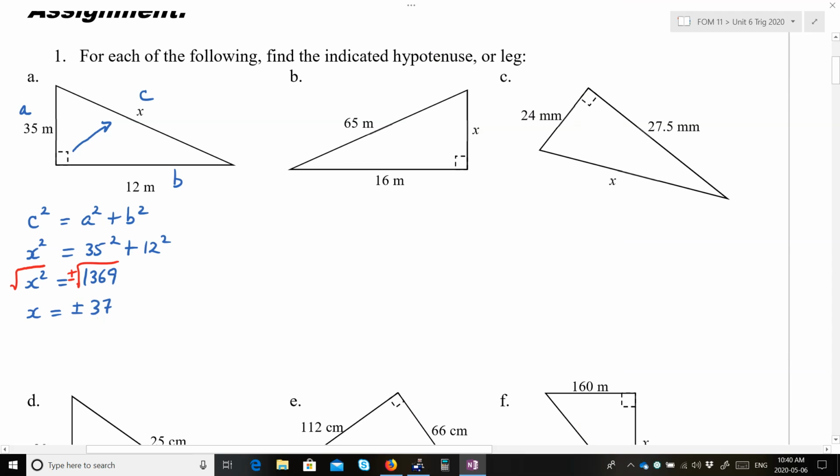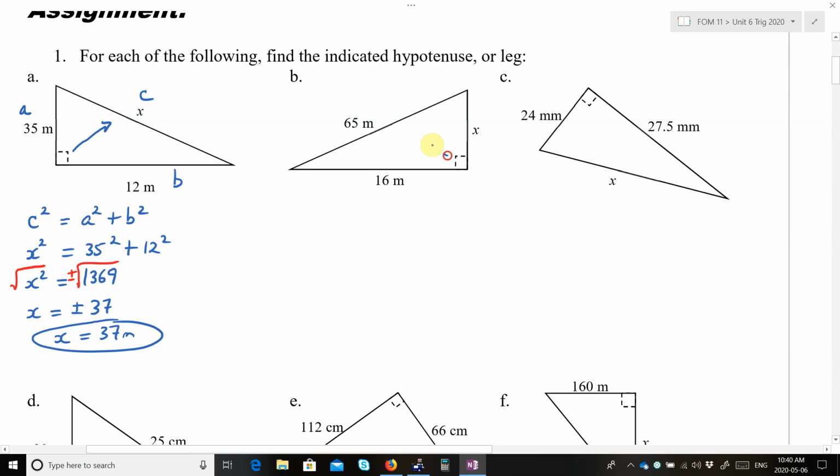Then we look at the context of the problem and say, I just found the length of a side of a triangle, so it wouldn't make sense to call that negative 37 meters. So we would say just 37 meters and reject the negative answer. So there's 1A, and I'm noticing in the answer key it is indeed 37.